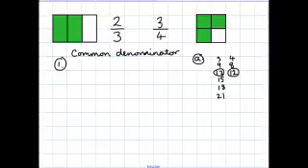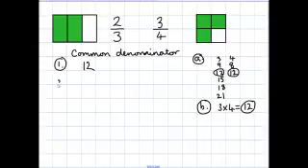The other way, which is a little bit sneaky, is if you multiply both the denominators together, so 3 times 4 is 12, that will give you a common denominator. It might not give you the lowest common denominator, but it will give you a common denominator. So our first step was to identify a common denominator, and in this case it's 12.